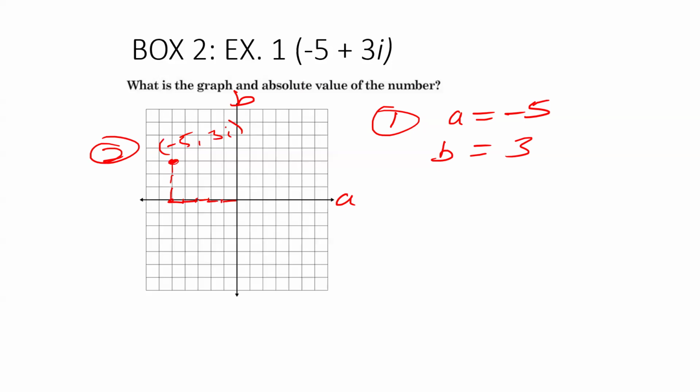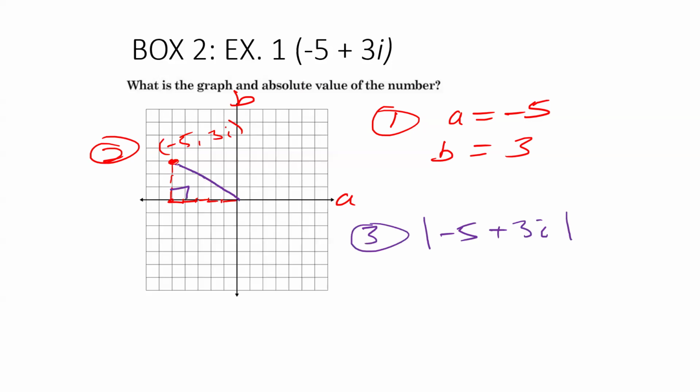Okay, step 3, it's asking you to find the absolute value of -5 plus 3i. That literally means to find the distance to 0. And what do you notice we made? A right triangle. Oh my gosh.